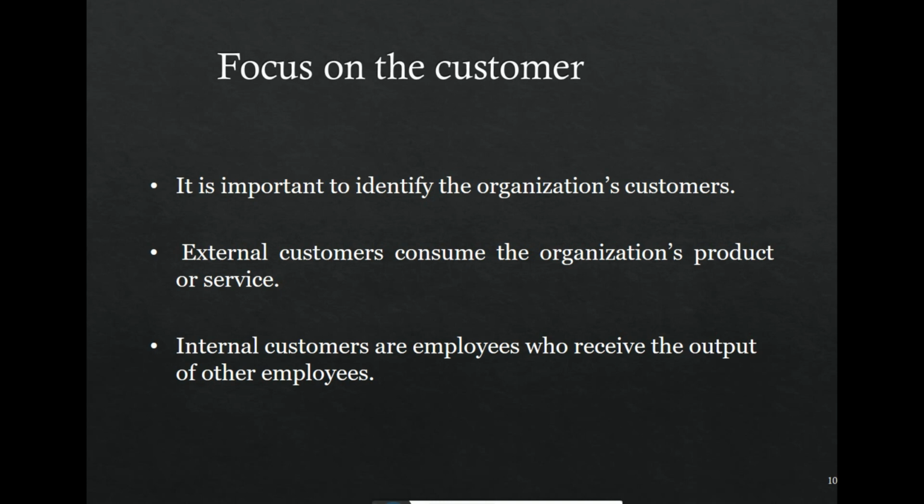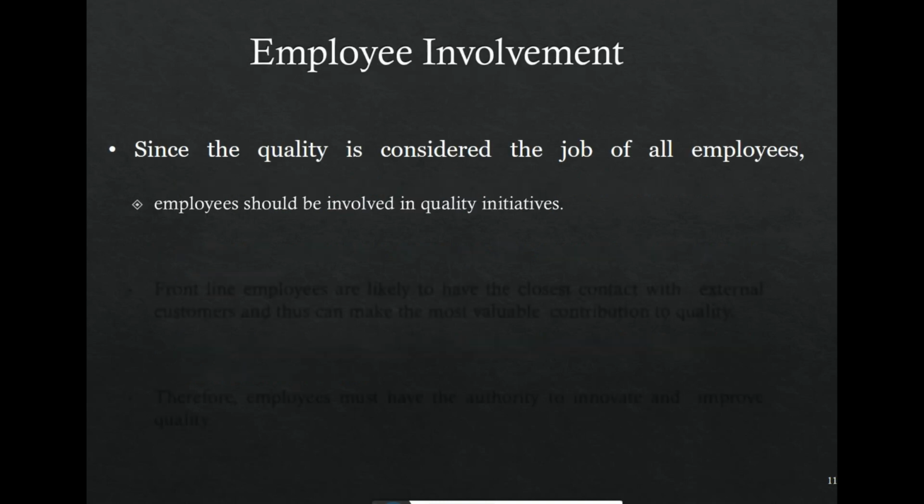The employee involvement. Since quality is considered the job of all employees, they should be involved in quality initiatives. The employees should be from the top level to the low level, and this can lead to incremental improvement in the process, like in a kaizen process.